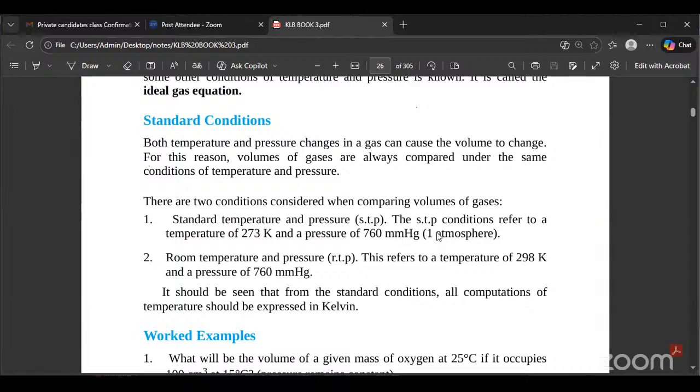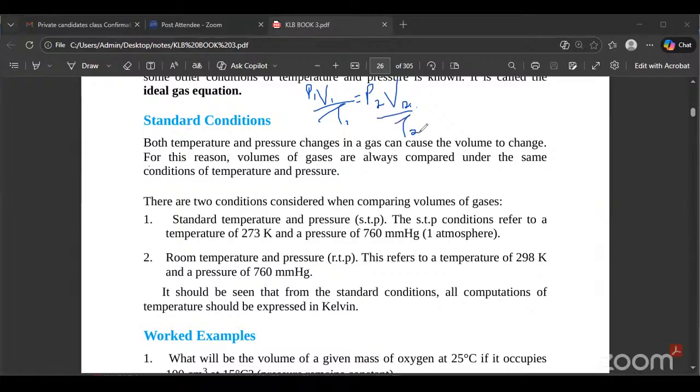So we have the two standard conditions where you are doing that one. Remember, let me just give you the combined gas laws, or the ideal gas equation. So it's normally P1 V1 over T1 is equal to P2 V2 over T2, where we said we are combining Boyle's law and Charles's law.